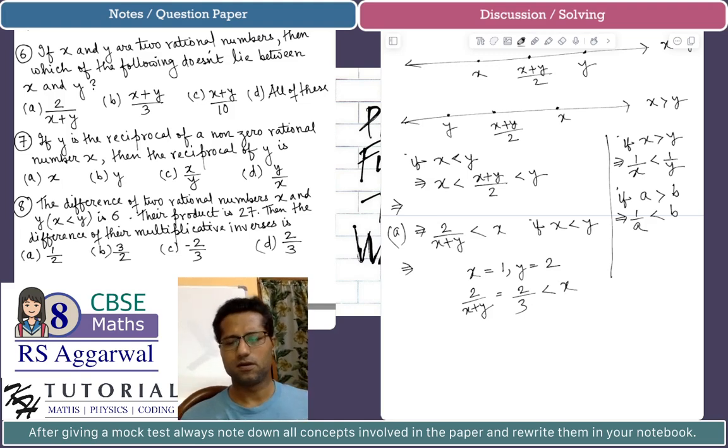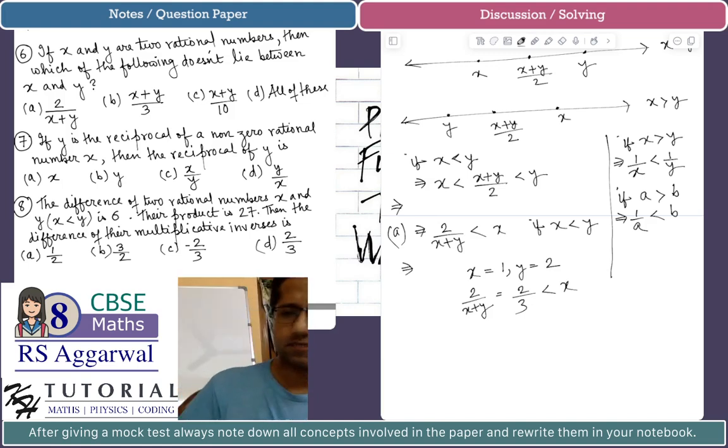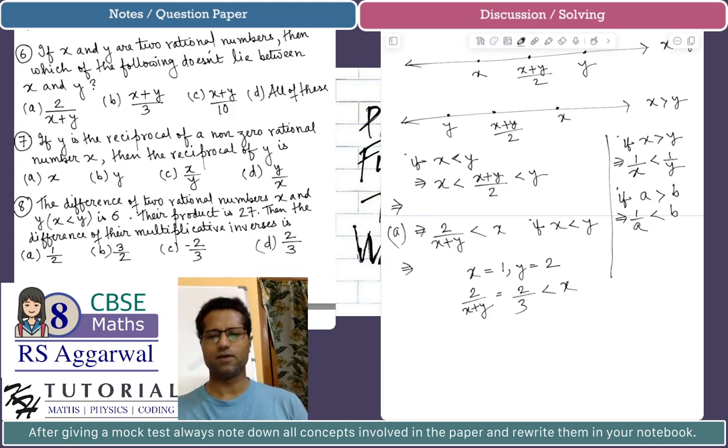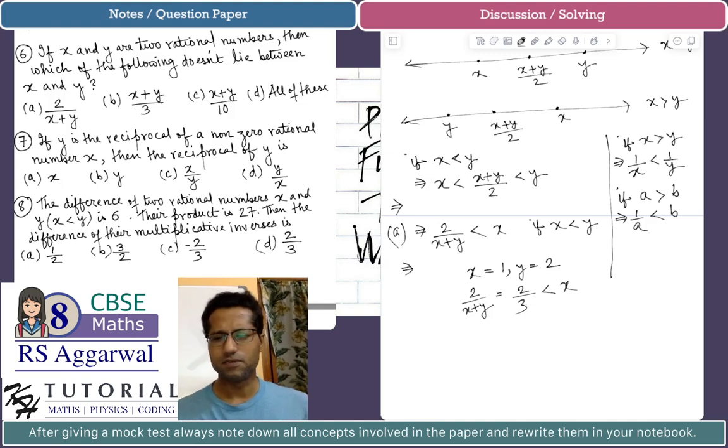So with specific values x equals 1 and y equals 2, 2 by x plus y comes out to be 2 by 3, which is a proper fraction, so it is less than 1, which means it is less than x, which means that 2 by x plus y is not lying between x and y.